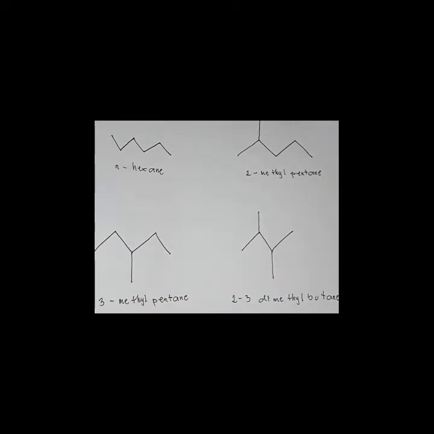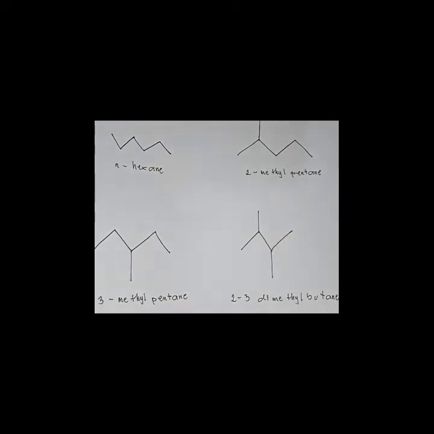It also has a methyl group because of this branch, which is CH3. In the second carbon atom it has a methyl, so it's called 2-methylpentane. For the third structure we have this one. On the 3 carbon atom it has a methyl, and it's called pentane because we have 5 carbon atoms.